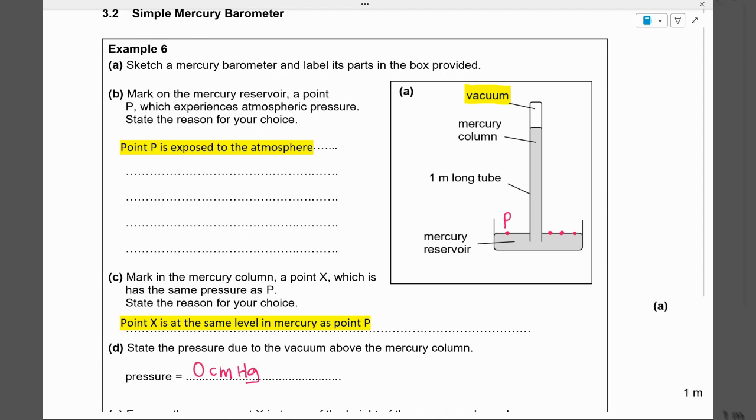Now part C, mark in the mercury column a point X which has the same pressure as point P. If you recall what you have done in your hands-on activity EO1, whenever you have the same liquid, any point at the same level should have the same pressure.